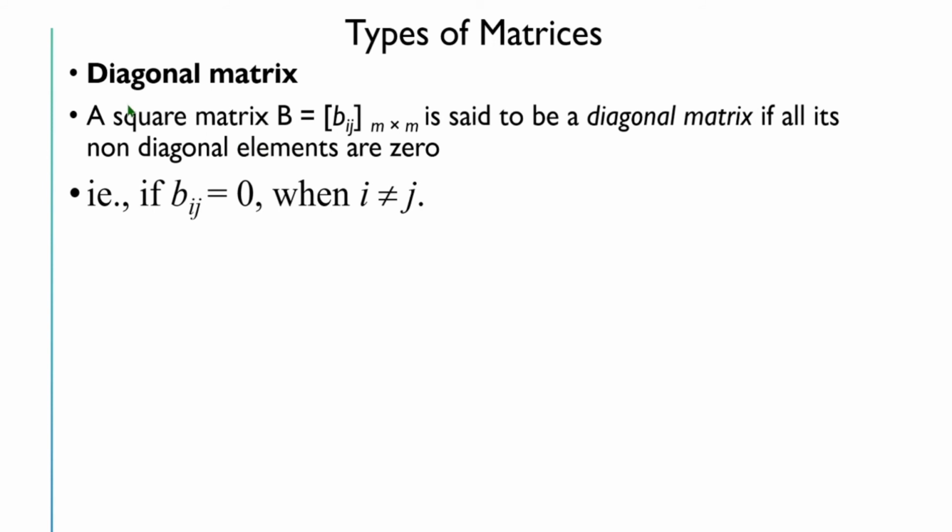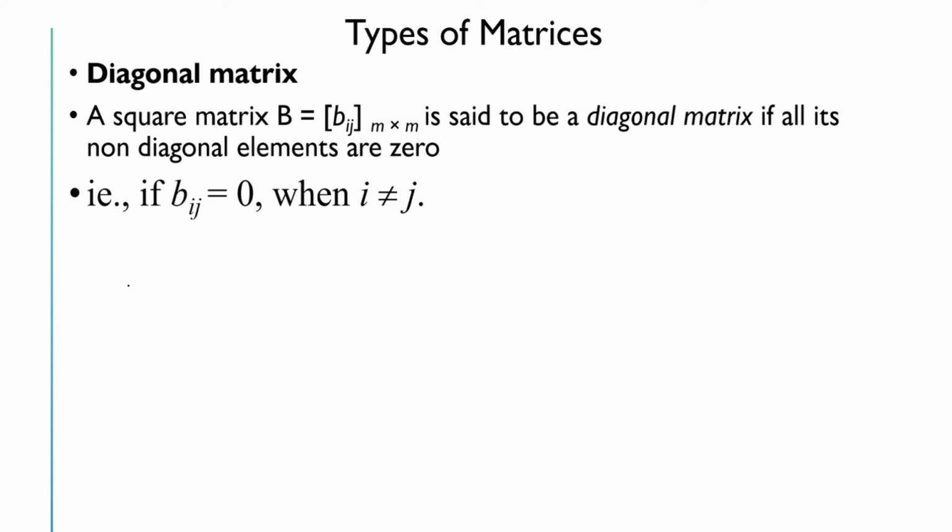Next one is diagonal matrix. A square matrix B equal to Bij of order n is said to be a diagonal matrix if all its non-diagonal elements are 0. So, a diagonal matrix is a matrix where only the diagonal elements are non-zero and the other elements are 0.